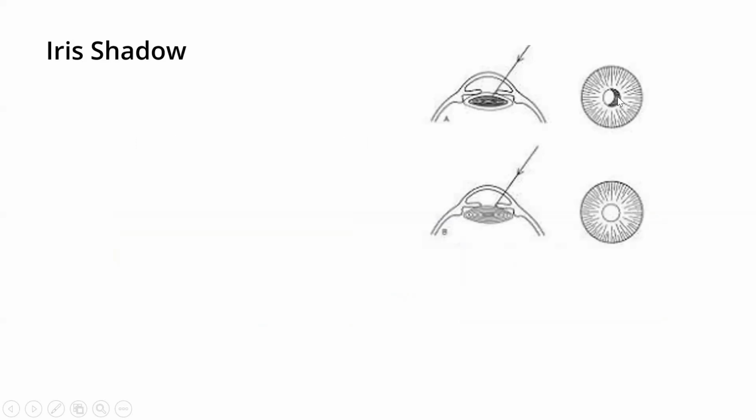The shadow of the iris is forming on the lens. So please remember, most of the students get confused with iris shadow with the eclipse sign seen in shallow anterior chamber. Please don't get confused. Iris shadow is seen on the lens. It's a shadow of the iris falling on the lens in case of senile immature cortical cataract.